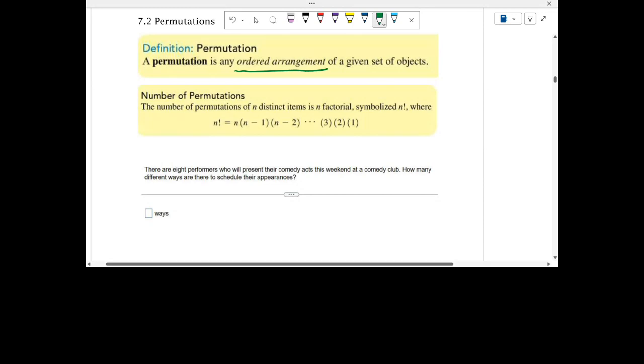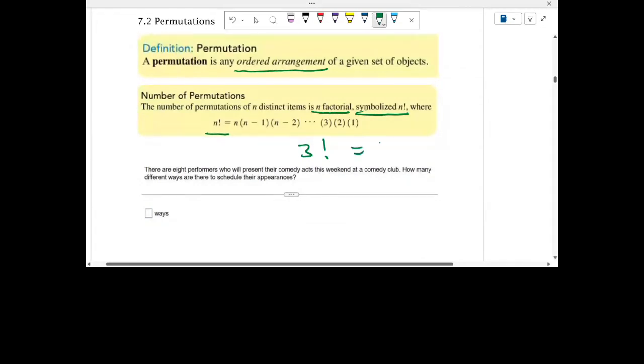When we have the number of permutations, the symbol we use is n with an exclamation point, which means n factorial. When I say 3 factorial, I'm not yelling the number 3, like in English where exclamation points mean emphasis.